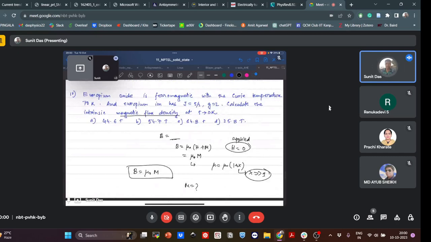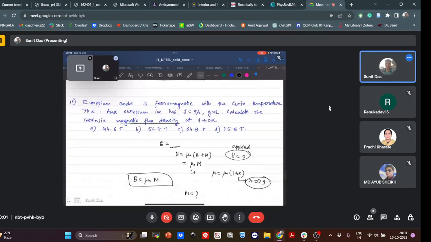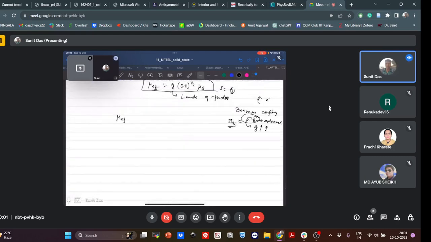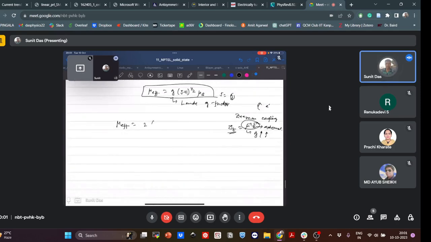And let me apply that formula. I'm not really sure whether it will work out or not. Okay, so the options are... then mu effective will be, J is 5 by 2 and g is 2. So 2 into 5 by 2 into 5 by 2 plus 1, to the power half.